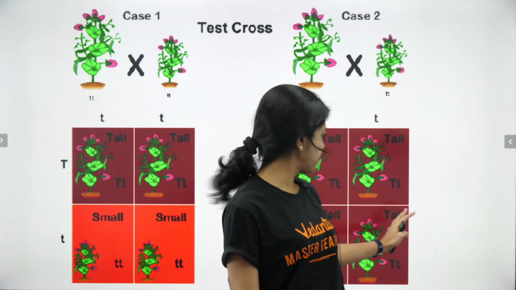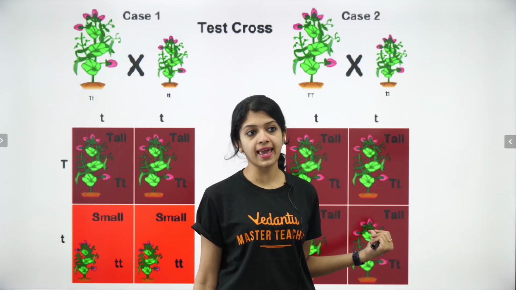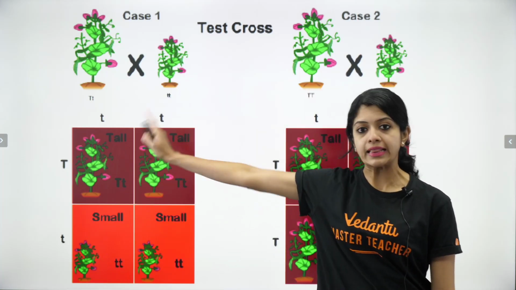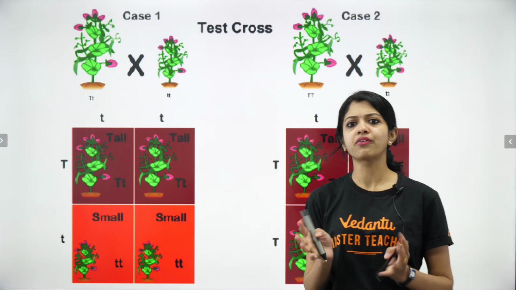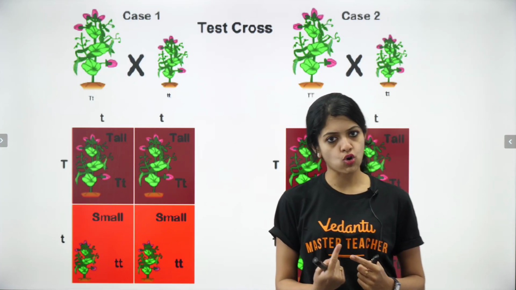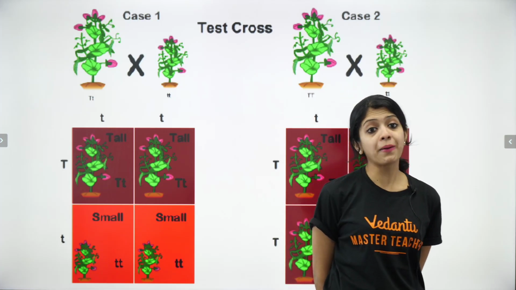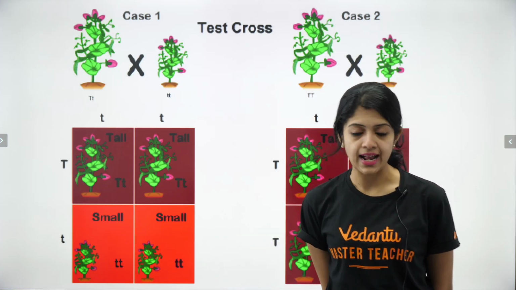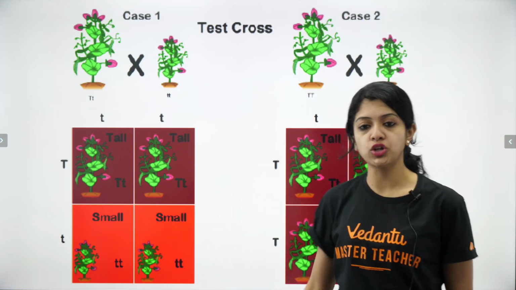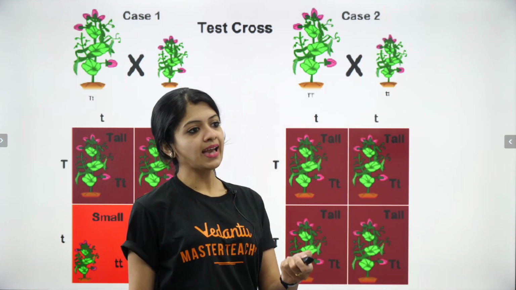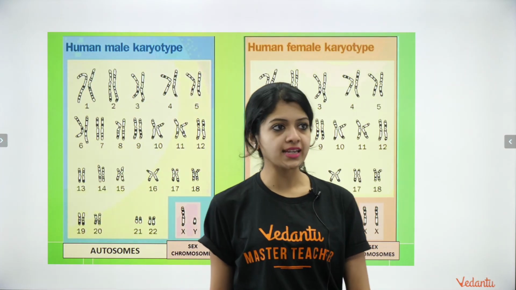Whereas if it was a heterozygous genotype, it would be 50-50. Half of them would be tall, half of them would be dwarf. So based on this result, you can guess the genotype of the dominant parent. Yes, 1:1.